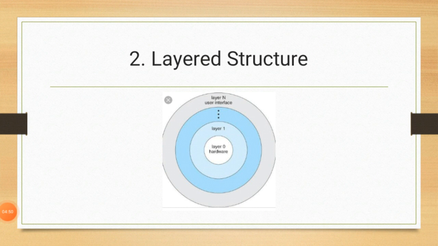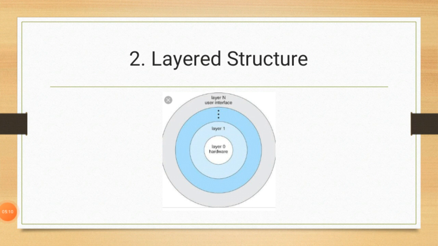Each layer can interact with the one just above it and the one just below it. The lowermost layer deals directly with the hardware, and it mainly performs the functionality of input output communication.